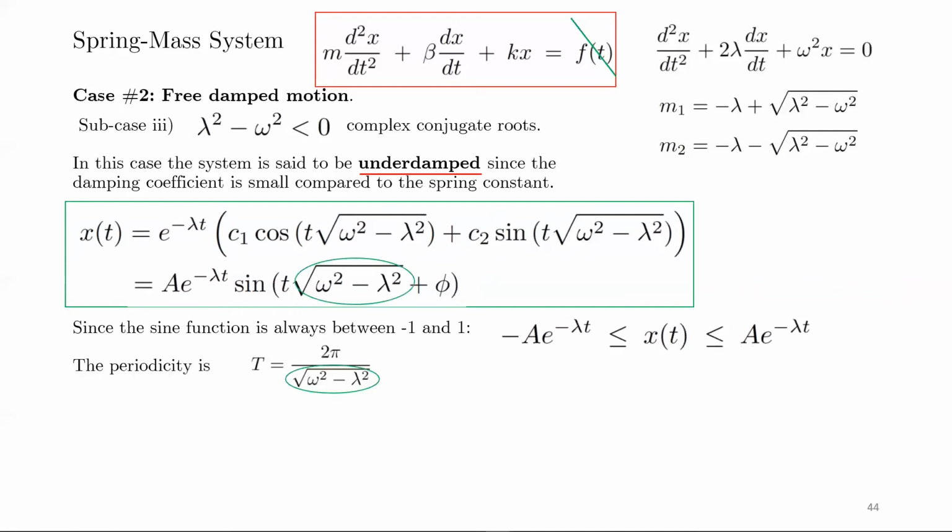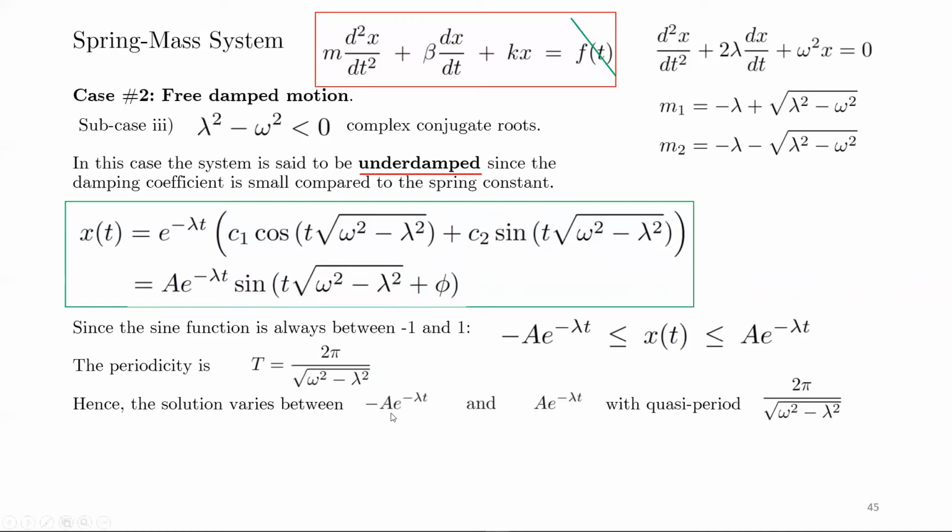The period of this motion is going to be 2 pi divided by the square root of omega squared minus lambda squared. Okay, so that's what we call the period, or the periodicity. And so the solution varies between minus amplitude times e to the minus lambda t and amplitude times e to the minus lambda t, with a quasi-period or period of 2 pi over the square root of omega squared minus lambda squared.